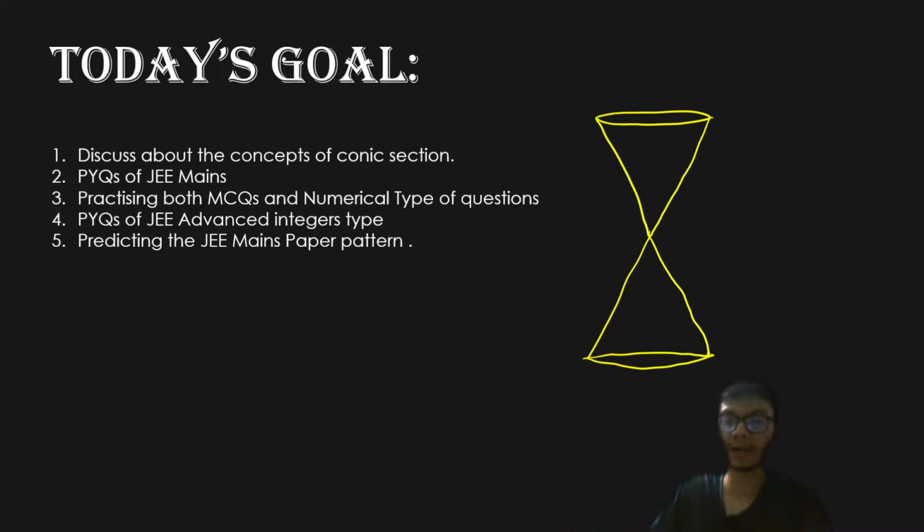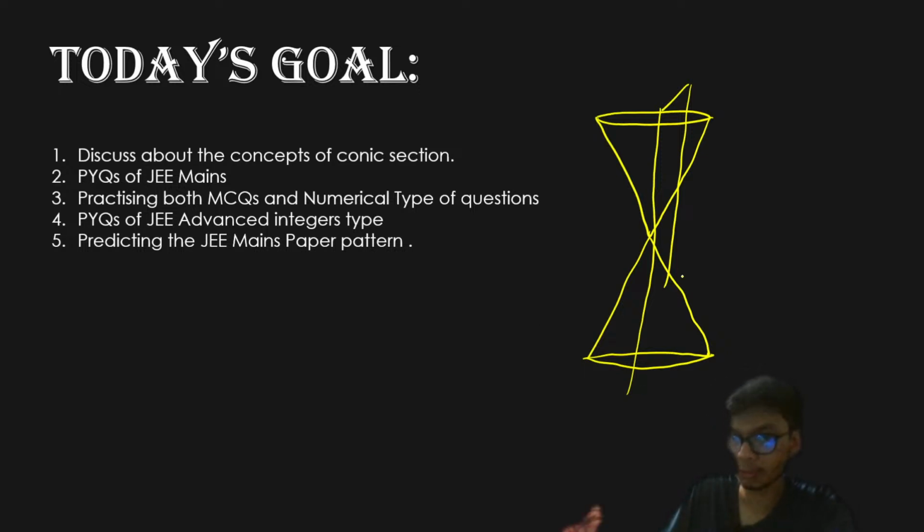Non-degenerate conic sections are obtained simply by cutting with a plane. If I take a plane and cut it in this fashion such that it is not passing through the midpoint, I will get two branches like this, right? And this is how we obtain a hyperbola.